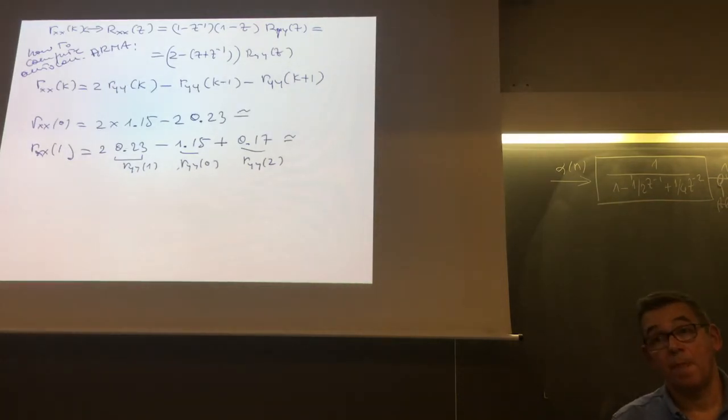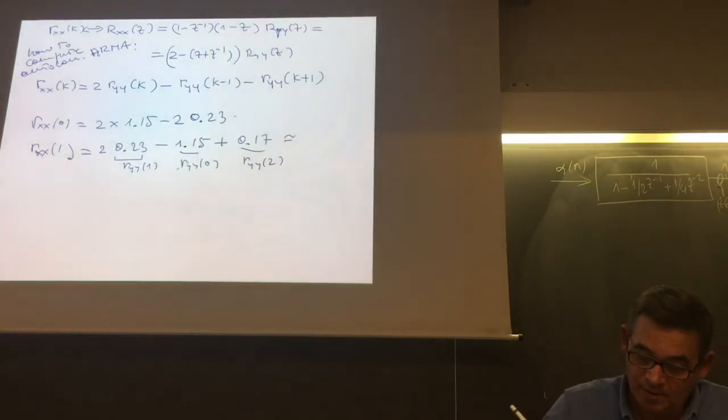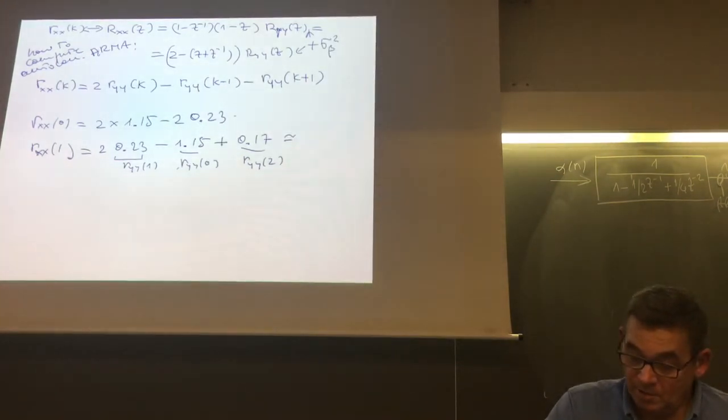Okay. Is something missing, maybe beta or not? Because X also has beta noise. Yeah, I forgot. Plus sigma square beta times delta k.